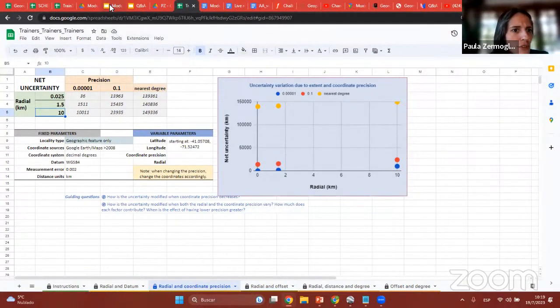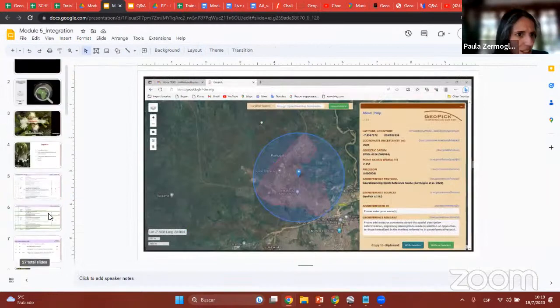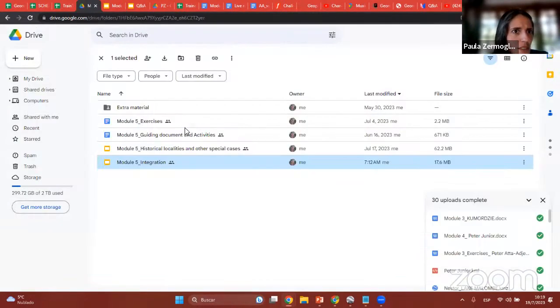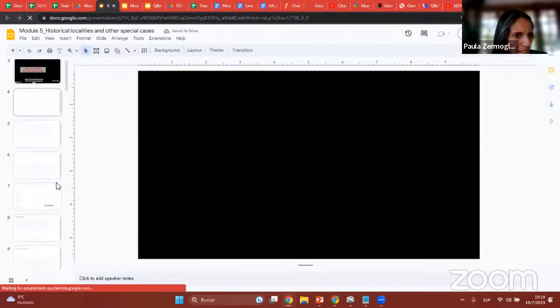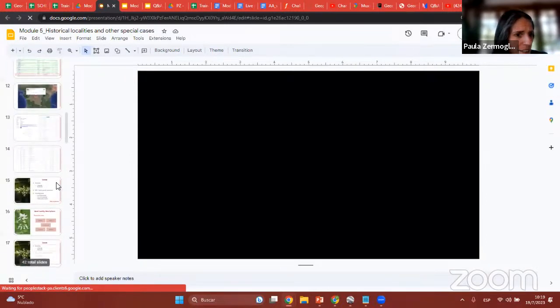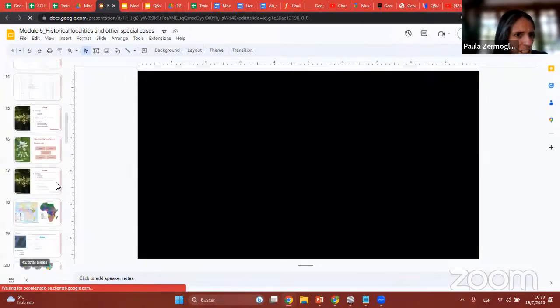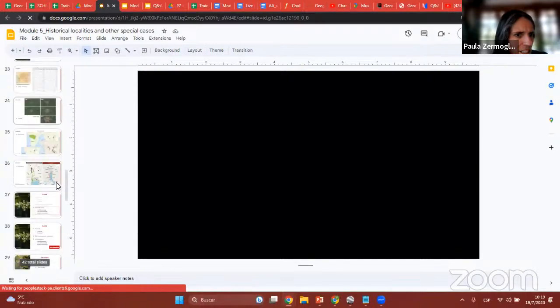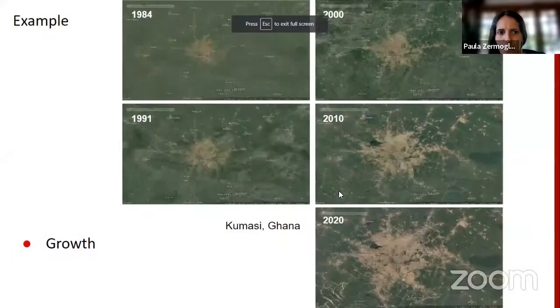Also, this is useful for what we have seen. Let me go back to module 5. This is not the integration, not this one. When we saw an example for historical localities that would give us errors of this kind. Let me see what it is here. Where we had this example for Kumasi in Ghana.